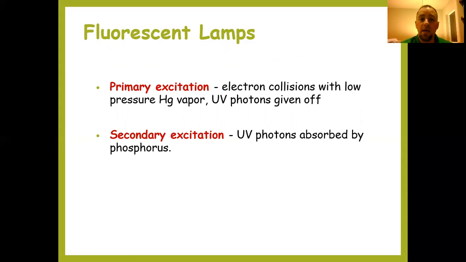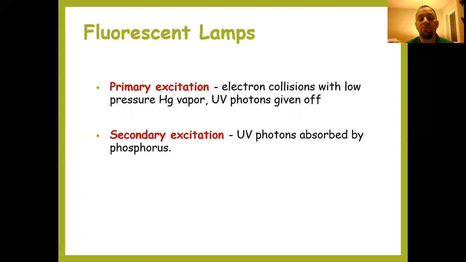Ultraviolet energy is emitted in the lamp, but we don't see the ultraviolet light. Instead, what happens is there's another transfer of energy where that ultraviolet light goes into phosphorus, which is the white coating on that lamp.